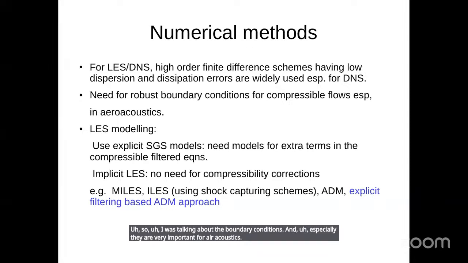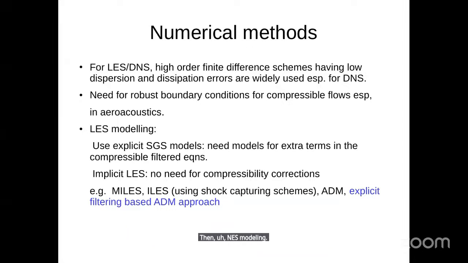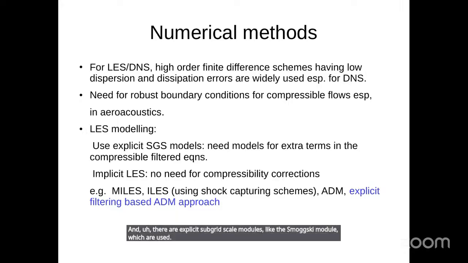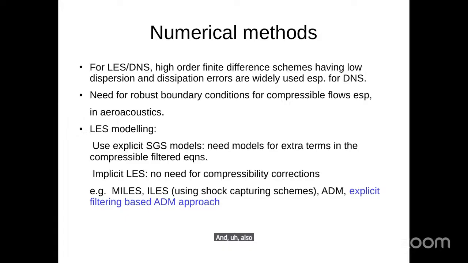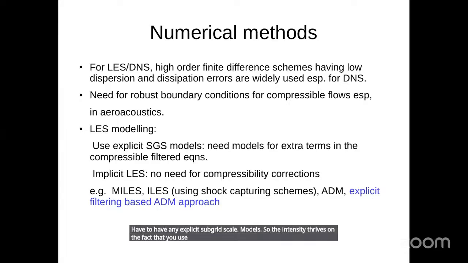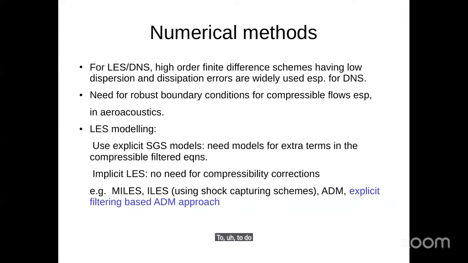Then LES modeling is a huge area of research, and there are explicit subgrid scale models like the Smagorinsky model which are used, and also then there is the area of implicit LES where you don't have to have any explicit subgrid scale models. So implicit LES thrives on the fact that you use the dissipation of the numerical scheme to do your subgrid scale modeling.